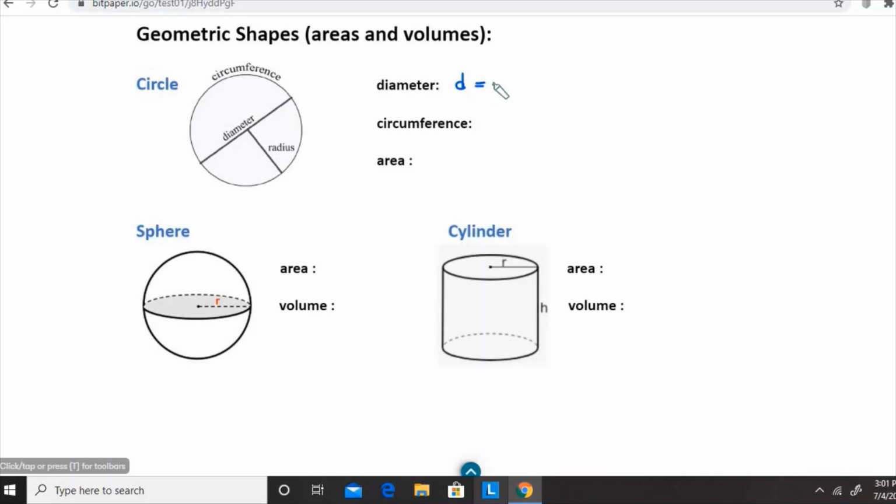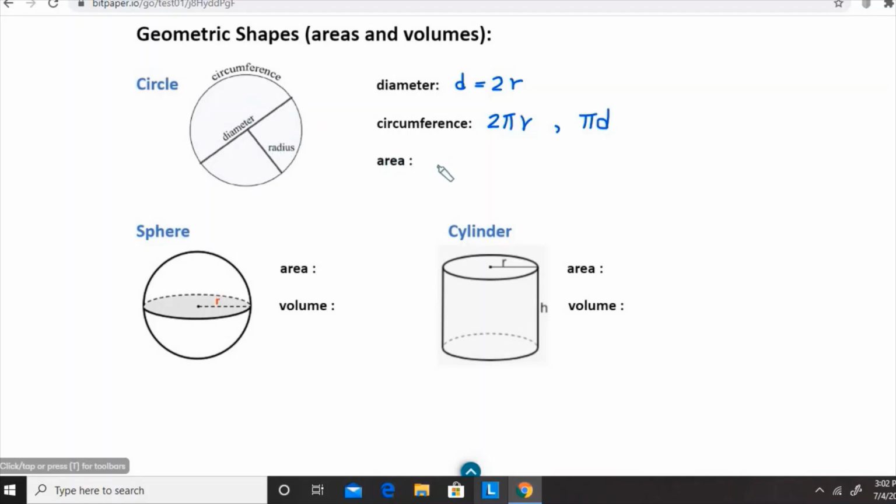So d is equal to twice the radius, where radius is represented by the lowercase r. Circumference is the length of the perimeter, what we call the perimeter, and that's given as 2 pi r. And also you can express this same thing in terms of diameter instead of using the radius, and then it will be pi times d.